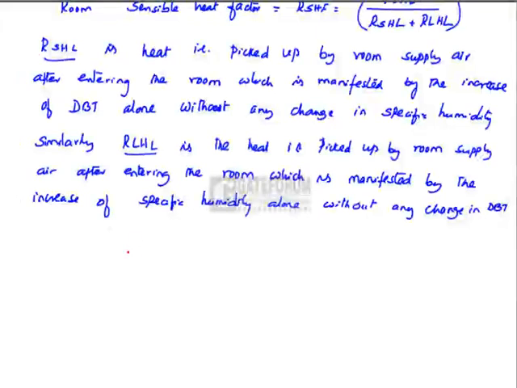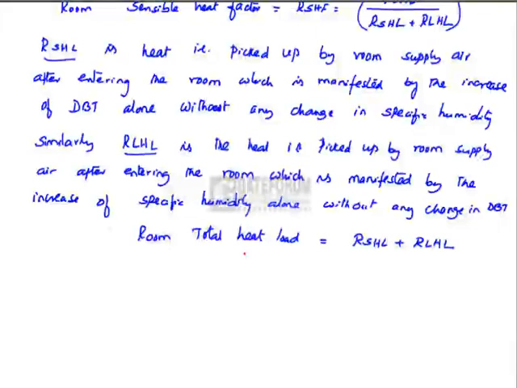Room total heat load is room sensible heat load plus room latent heat load. Room sensible heat factor is defined as the ratio between room sensible heat load and the room total heat load, which will be approximately 0.7 or 0.75.